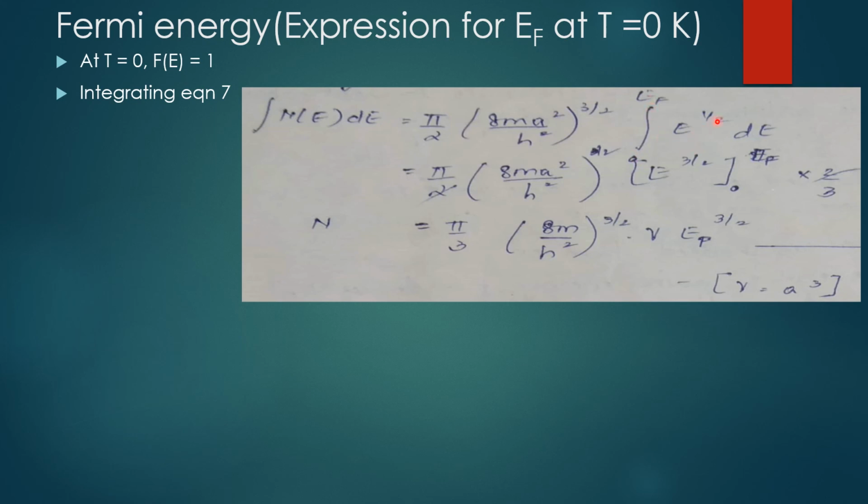Integration of E raised to half gives E raised to 3/2 divided by 3/2. That 3/2 here is written as 2/3. Substituting the limits, we get EF raised to 3/2. And this a² raised to 3/2 will become a³, and that is taken as V.